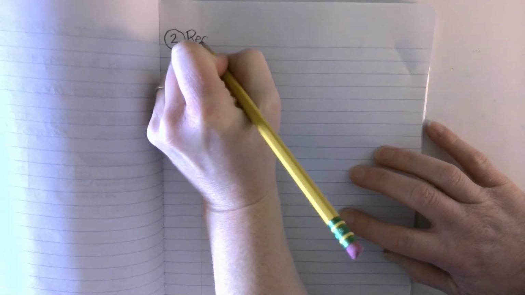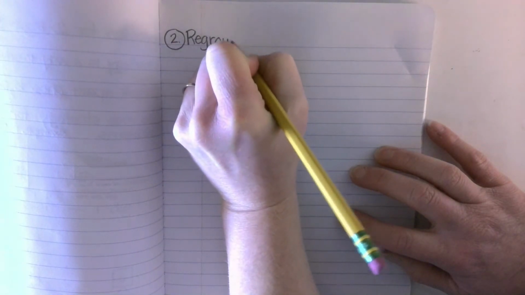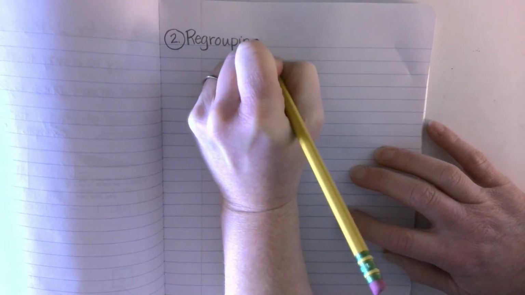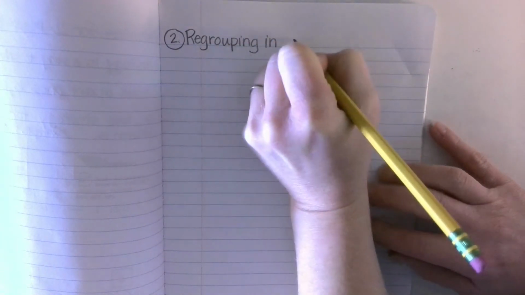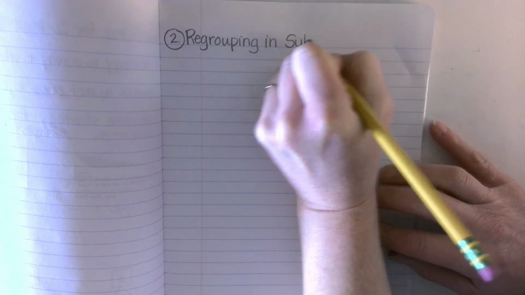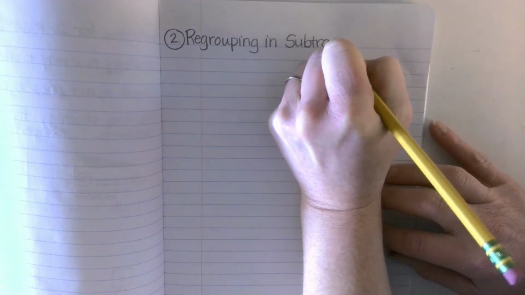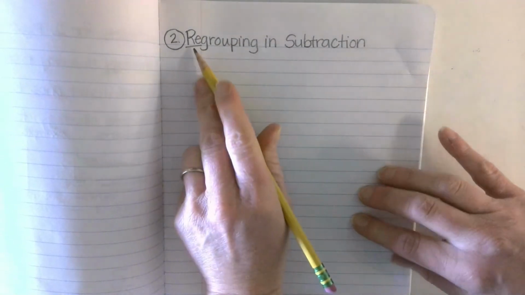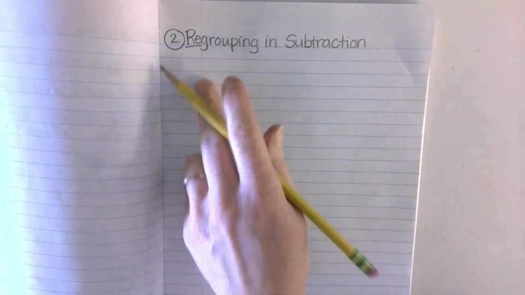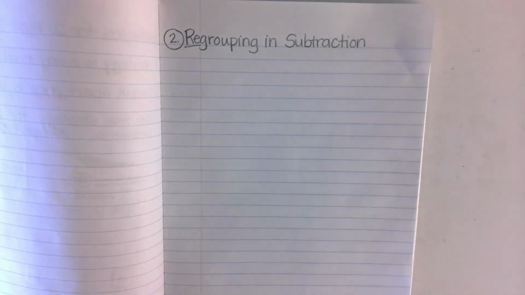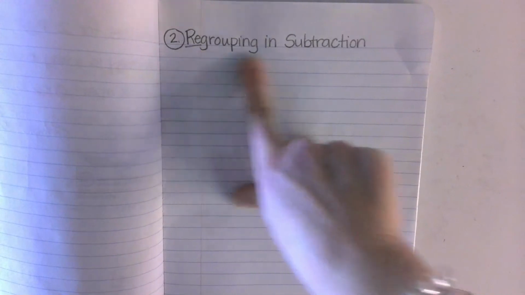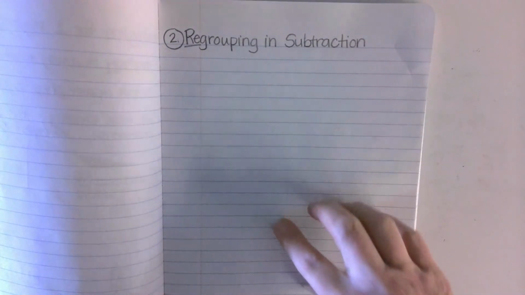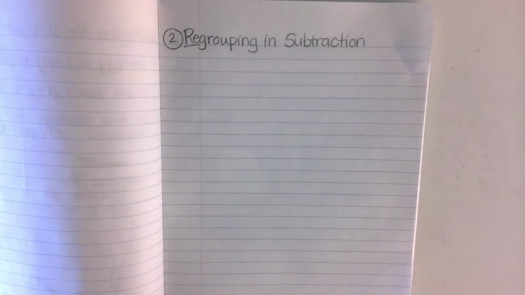So let's write regrouping in subtraction. And remember the prefix. The prefix re means again. I think we talked about that when we did addition, right? Okay. So regrouping means again. So we're grouping again. That's our second strategy.